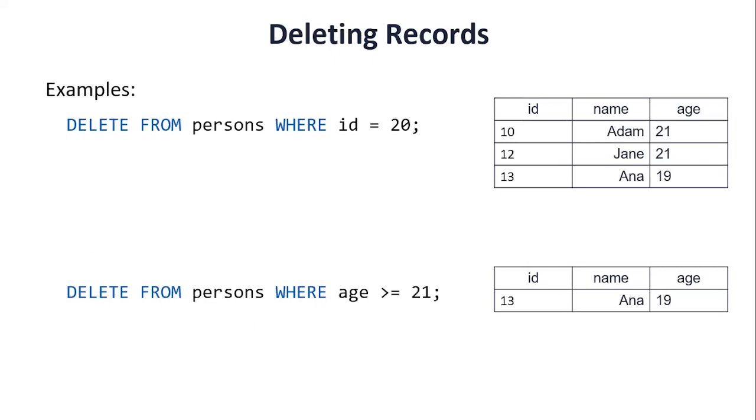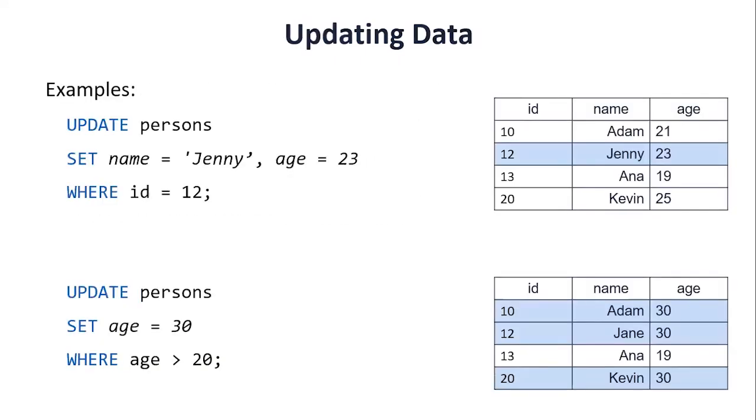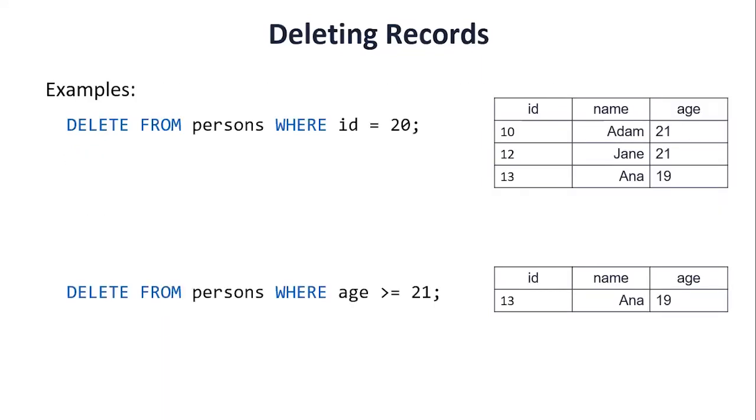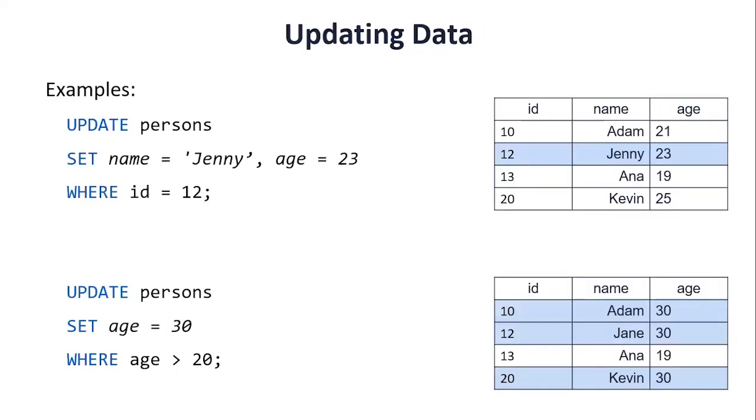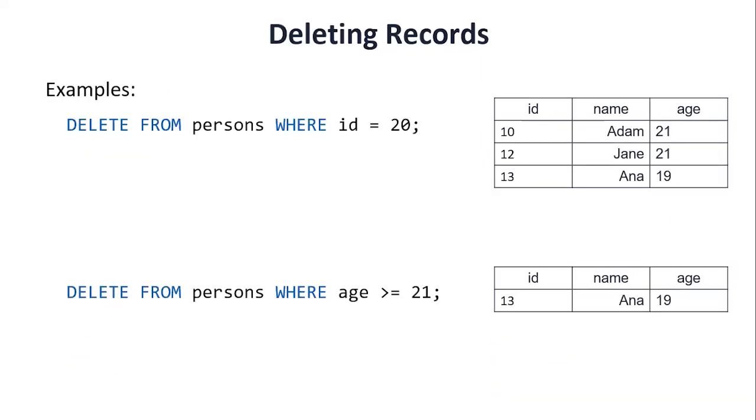So for example, now we earlier had the person with ID 20 called Kevin, and if we want to delete him, we can simply say delete from persons where ID is equal to 20. So you can see now that Kevin with ID 20 record is deleted.